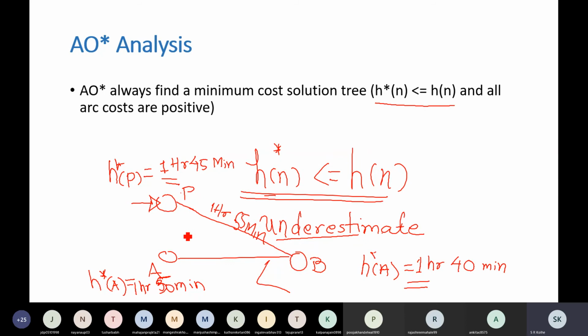Since this value is greater than that value, the algorithm selected node P and returned a suboptimal solution. So if it is underestimate, then it will always return the minimum cost solution. That's why this is important. Understood this fact? Yes, sir.